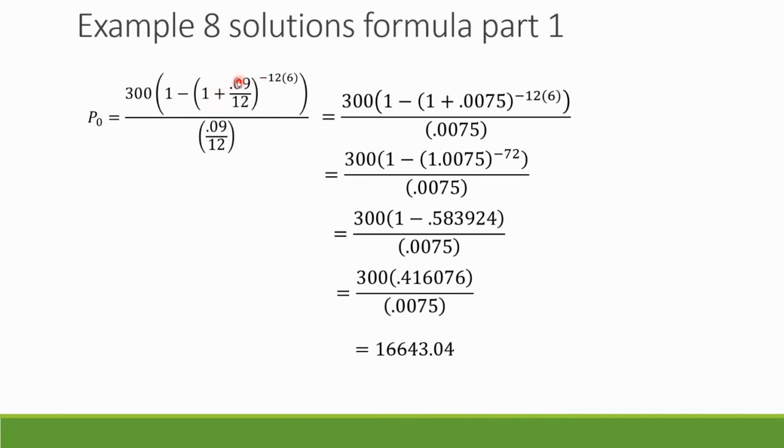What's in the innermost parentheses we do first. We do 1 plus 0.09 over 12, so that's 1 plus 0.0075. And then 1 plus that is 1.0075. We're raising that to the negative 72, negative 12 times 6, which is negative 72.